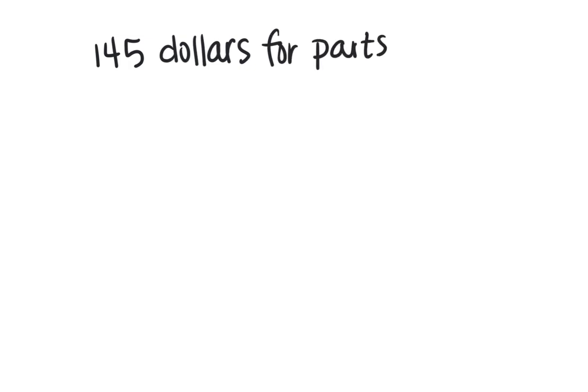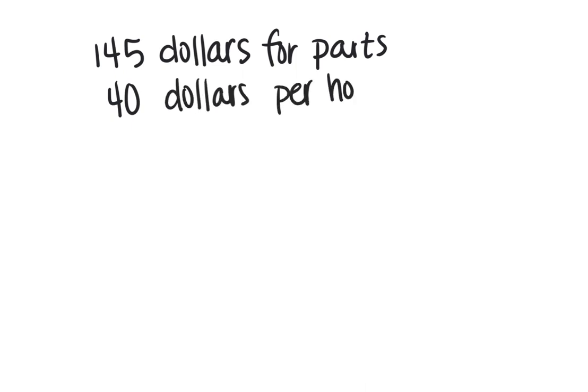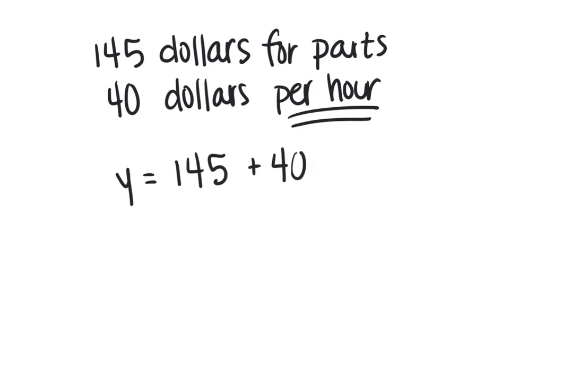So we have $145 per part. We have $40 per hour. So that per hour, that's the multiplication thing. So we know we're going to have to spend $145 no matter what, but we'll spend $40 per hour, and we can let that be a time, or actually, just kidding, that needs to be an X.